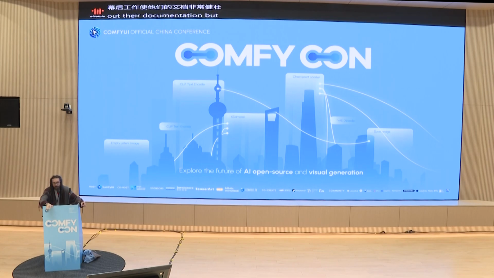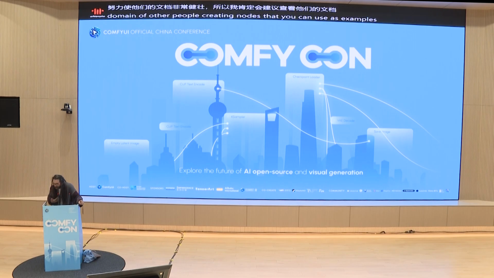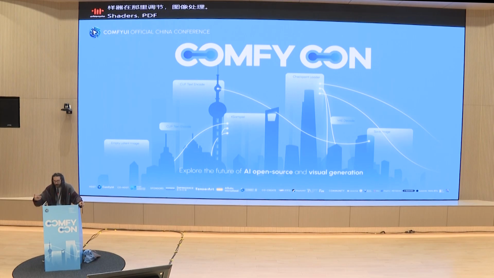But at this point in the ecosystem, there are examples in every domain of other people creating nodes that you can use as examples, and even my pack as an example. I have K-samplers in there, conditioning, image manipulation, shaders, PDF, JavaScript, normal Python execution. LLMs are your best friend in this case, and start small.